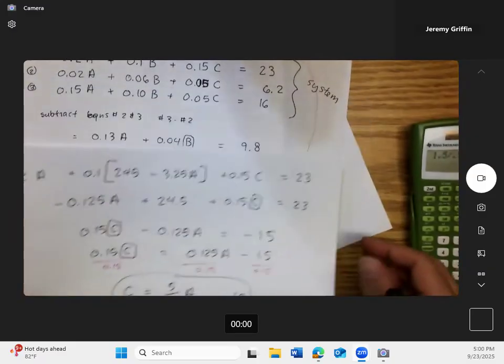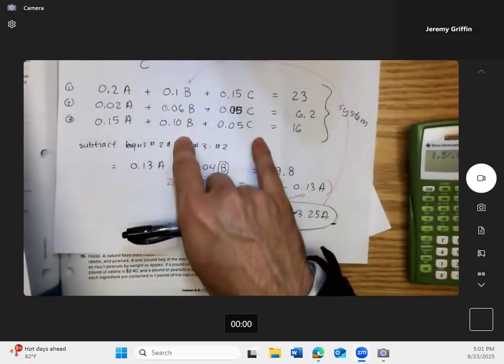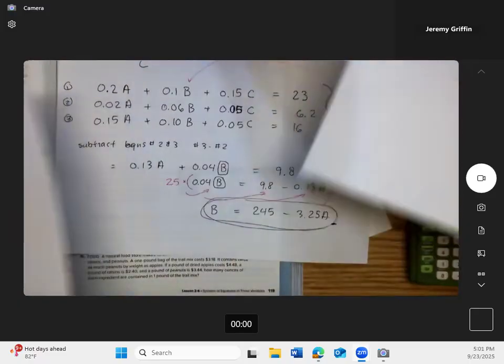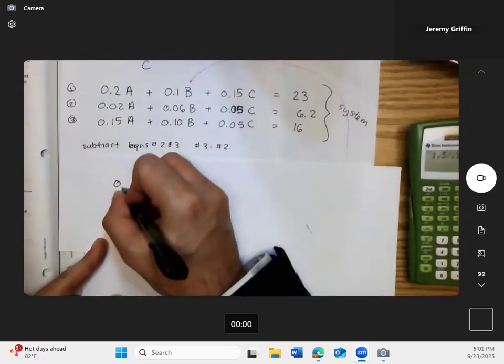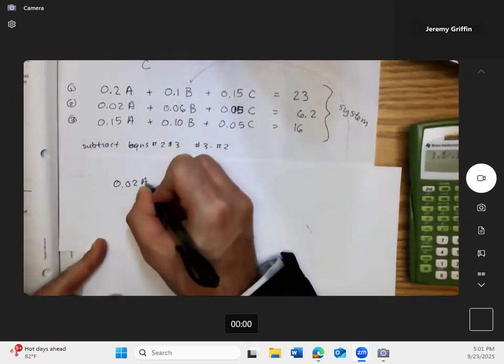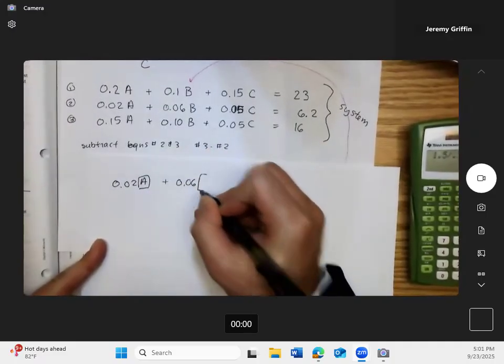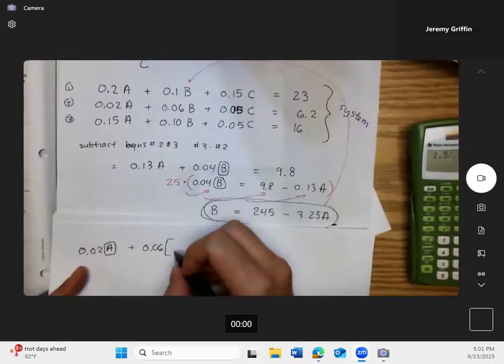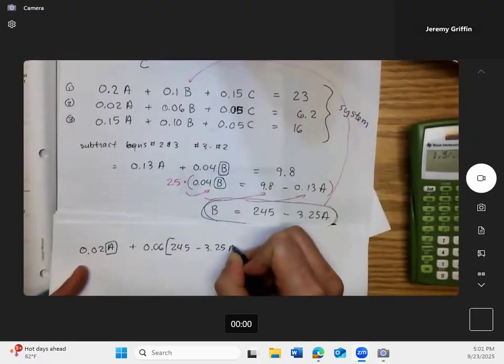So I can pick one of these bottom two and substitute out the b and the c, and I can very quickly solve for a. How about equation number 2? So 0.02a, solve for a now, plus 0.06b, but instead of b I'm going to say this right here, 245 minus 3.25a.